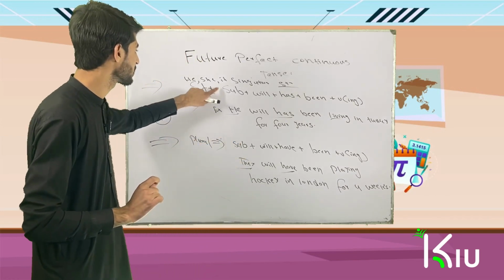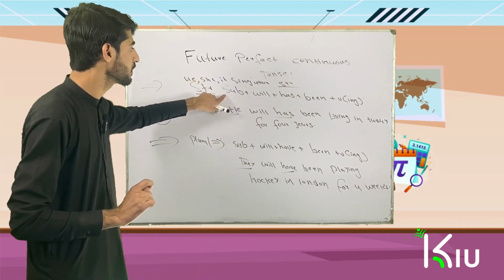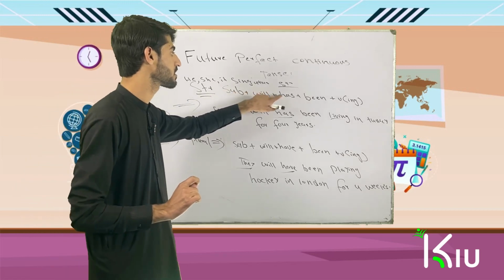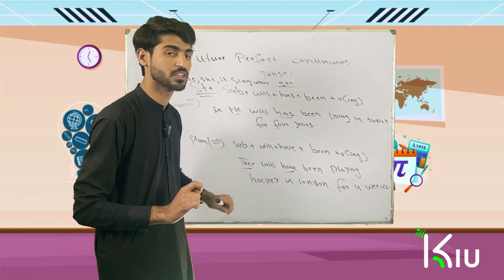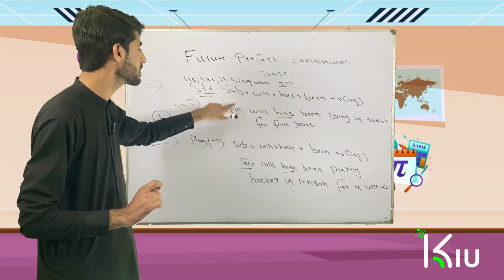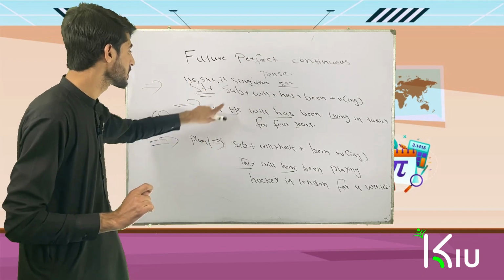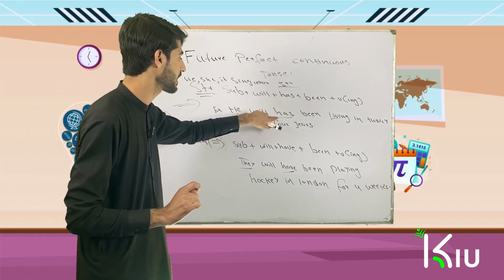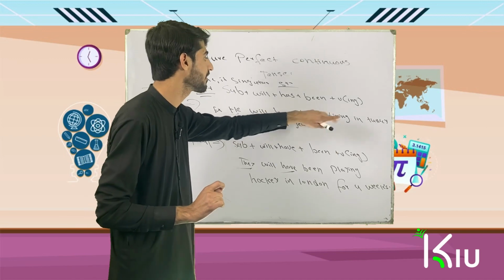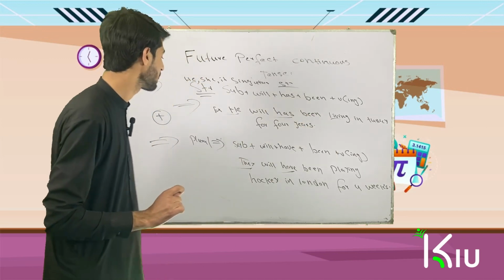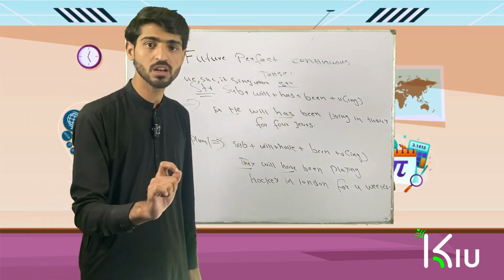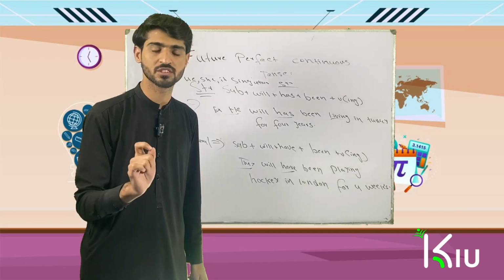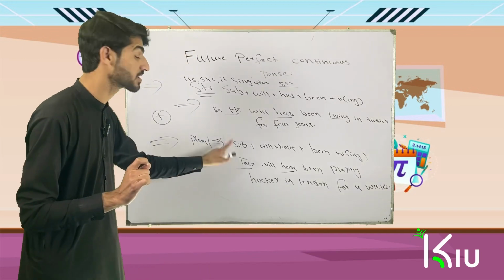If the subject is singular, we will use subject plus will plus has plus been and then verb ing. For example, he, now he is a singular subject, so he will has been living in Turkey for 4 years. Now if the subject is plural and we want to make positive sentences, we will use this structure.